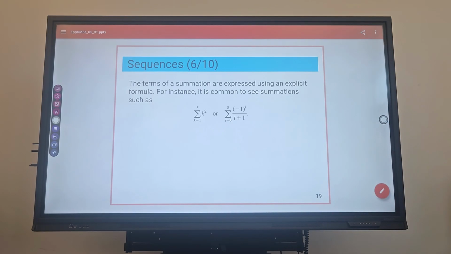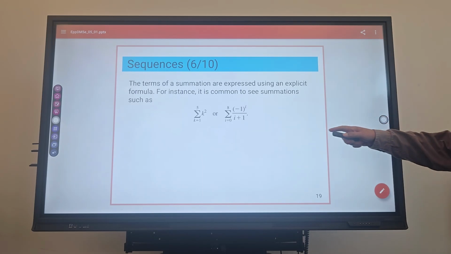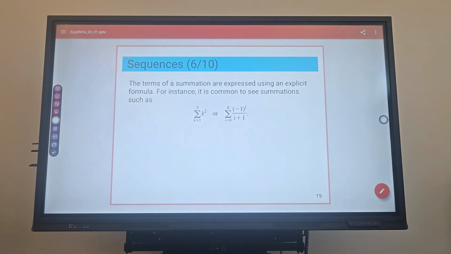The terms of a summation are expressed using an explicit formula. For instance, it is common to see summations such as the summation of k squared with k from 1 to 5, or this more complex one, the sum of minus 1 to the i over i plus 1 with i from 0 to 8.